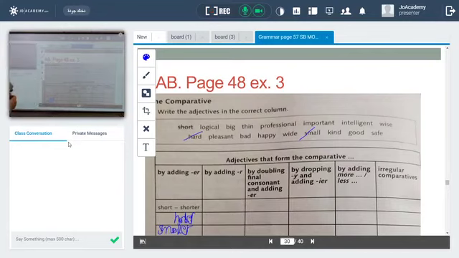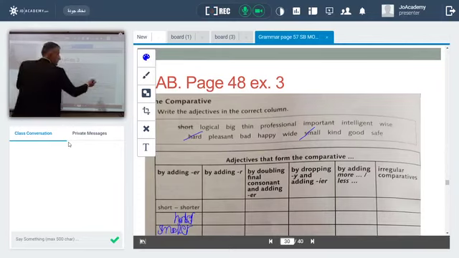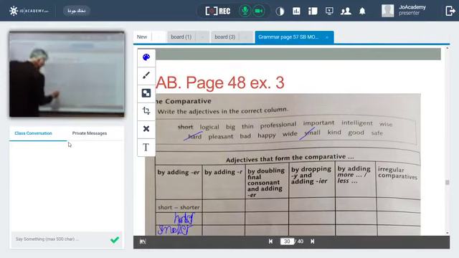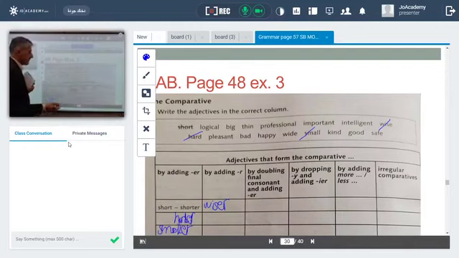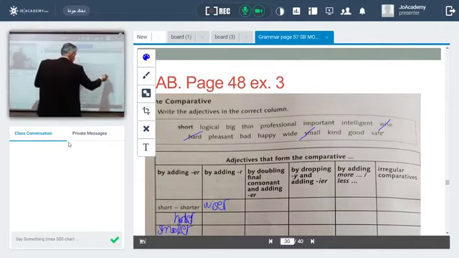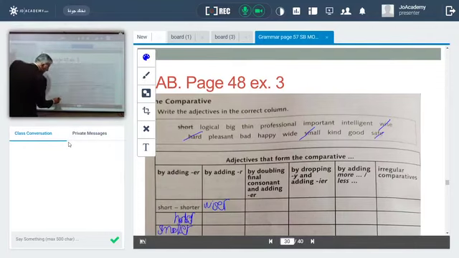So by adding only R to the end of the adjective, we have adjectives which end with E. So like wise, it becomes wiser. And also safe. It becomes safer.